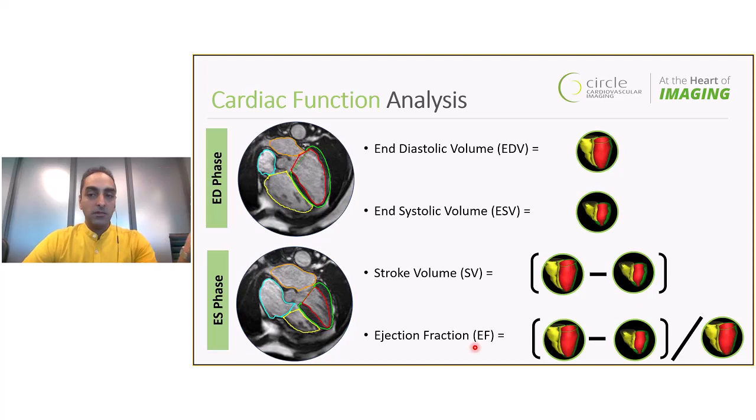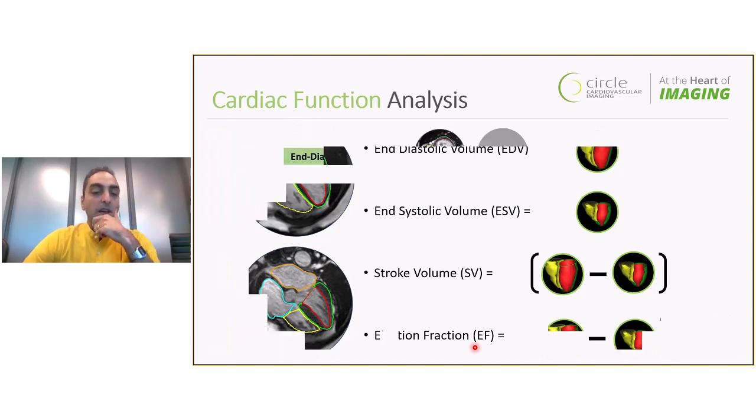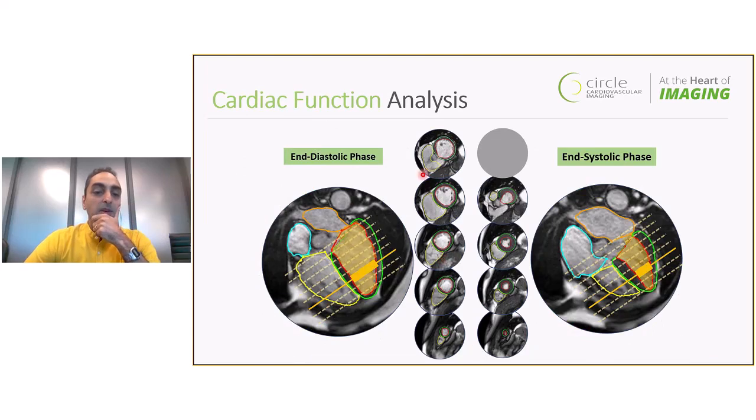So how do we measure volume? It is rather simple. As I mentioned before, we do have these short axis slices that are acquired perpendicular to the long axis views. What you're looking at here are essentially 5 different slices of short axis acquisitions acquired for this particular image.